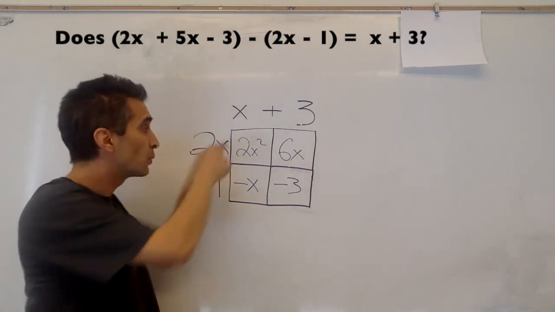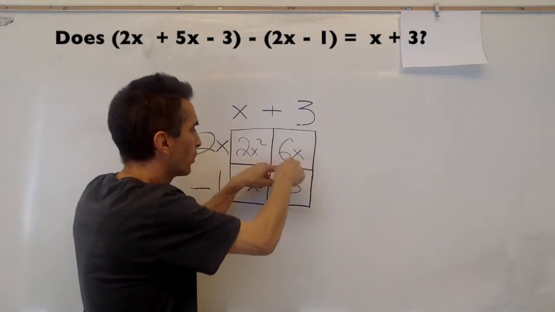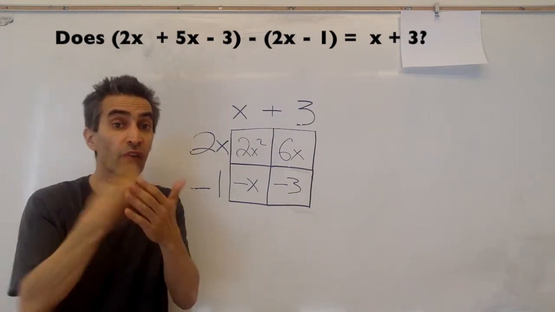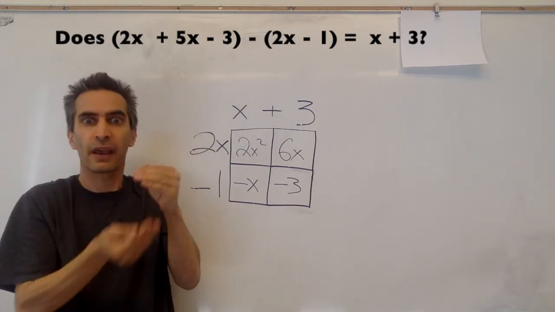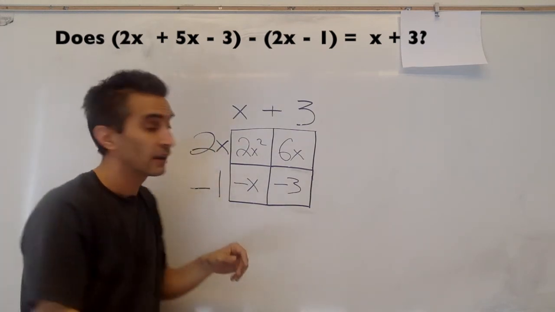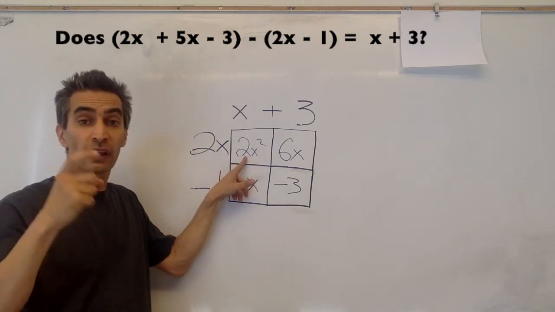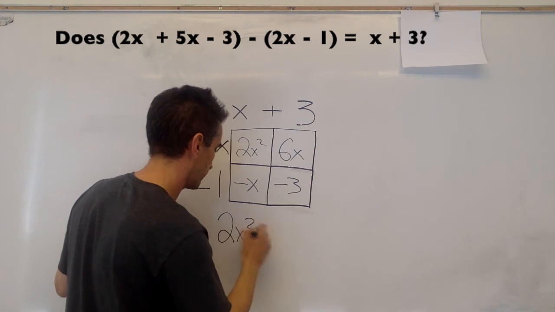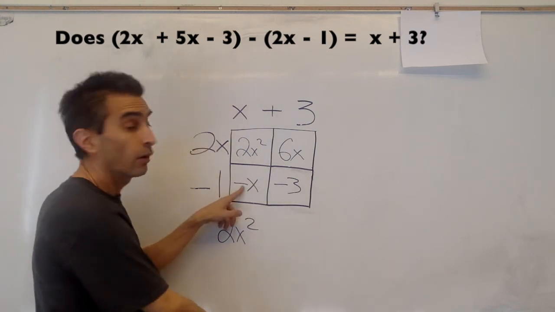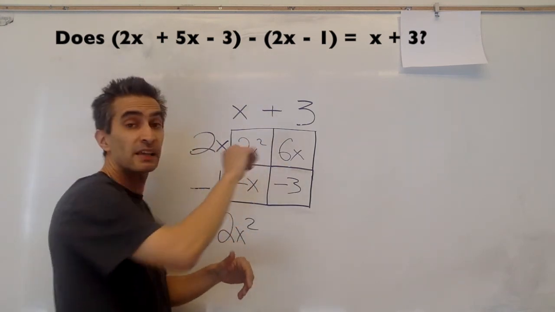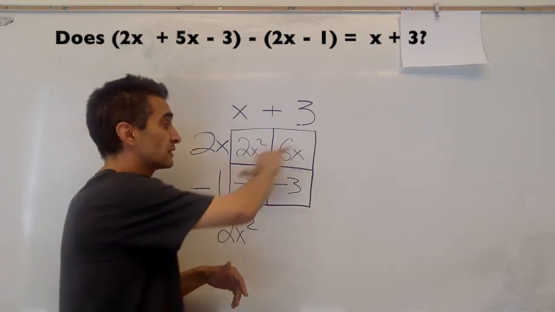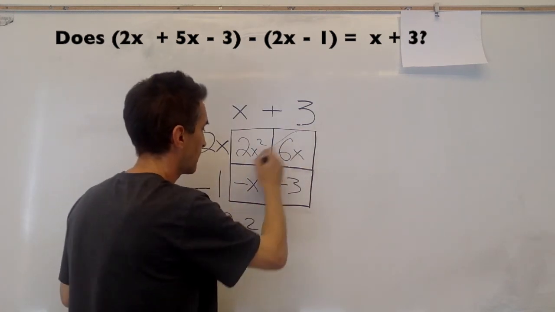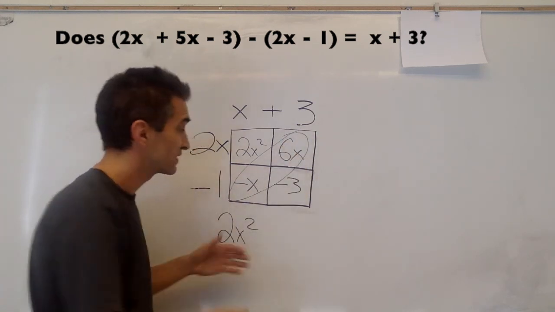Now what do we do? Each of these terms in the box, all 4 of them, we've got to add up. So we've got 2x squared. Then we've got, oh, -x and 6x, those are the same terms. I'm just going to circle them here.